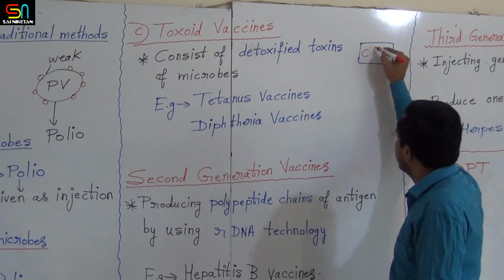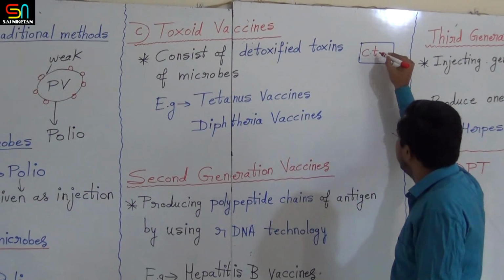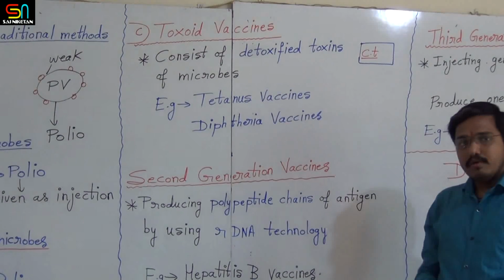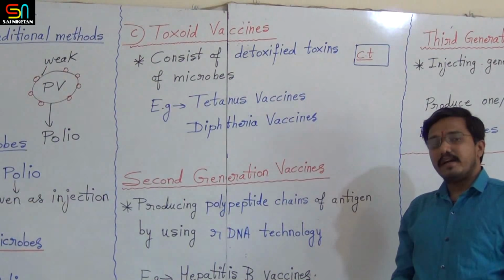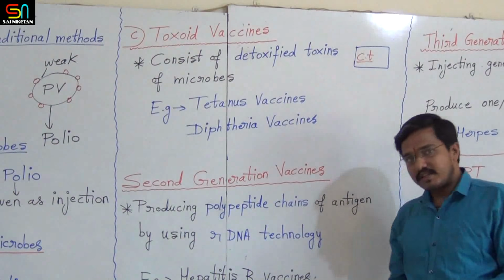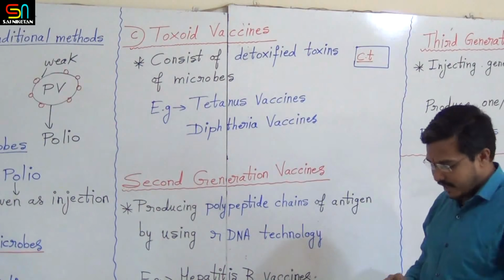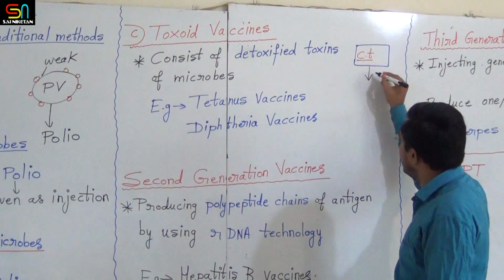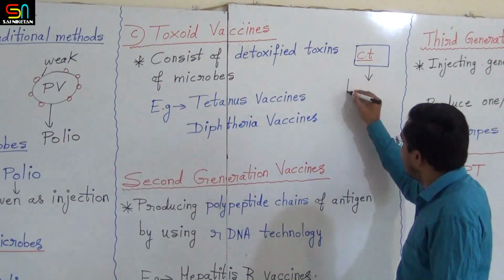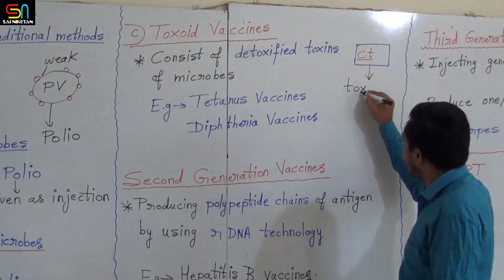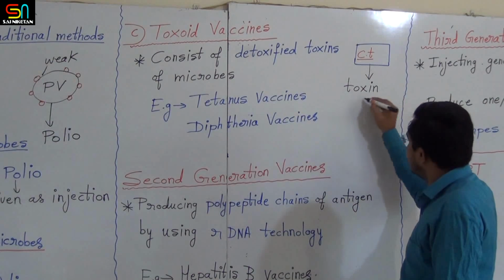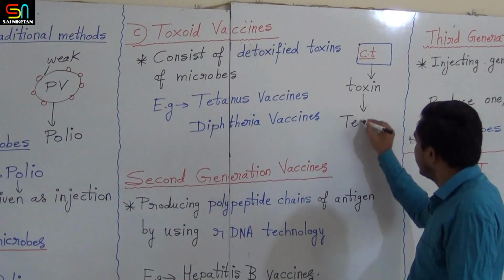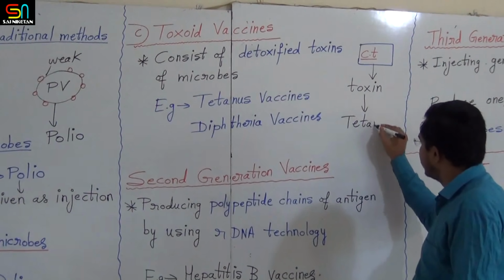Now, after entering the body, this Clostridium tetani produces toxin. This toxin is going to cause the disease called tetanus. You should know that.